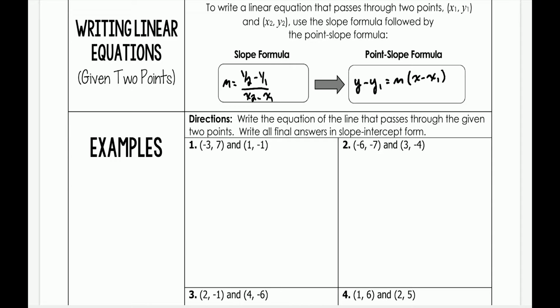So what we're going to do is focus on using the 2 points to determine the slope, like we did a while ago. Then we're going to use the slope that we found and the first point, plug that into the point slope formula, and find out what the slope intercept form would be.